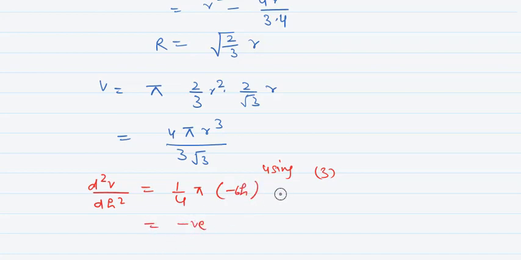Why? Because h remains positive. So the negative sign shows that volume is maximum. So these are the two parts that we have proved: the volume is maximum, and the volume that we already calculated.